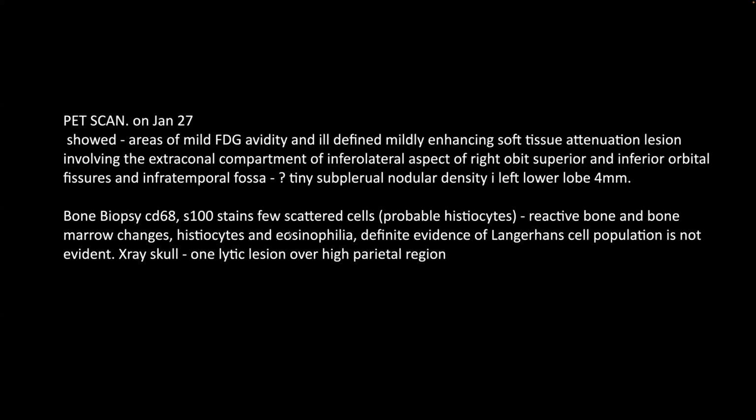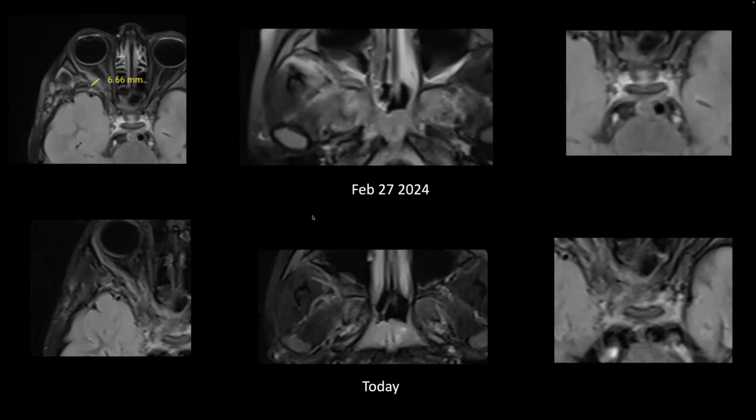Then we got a repeat scan, which led us to believe in the line of fungal, and the child is being treated along the same line with IV antifungals. There's interval improvement in symptoms; vision and headache are better. Repeat scan, I think sir will discuss now. And we have gotten the genetic report as well, whole exome, and that is negative. So we don't have any answer on that front. But he's improving clinically.